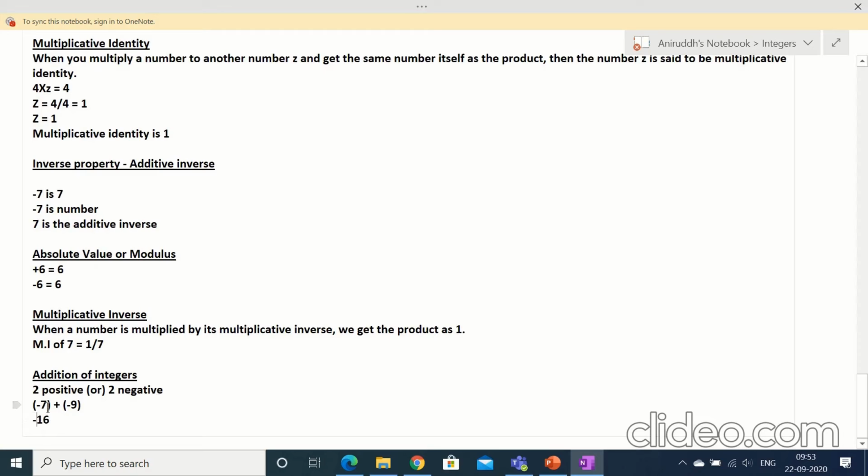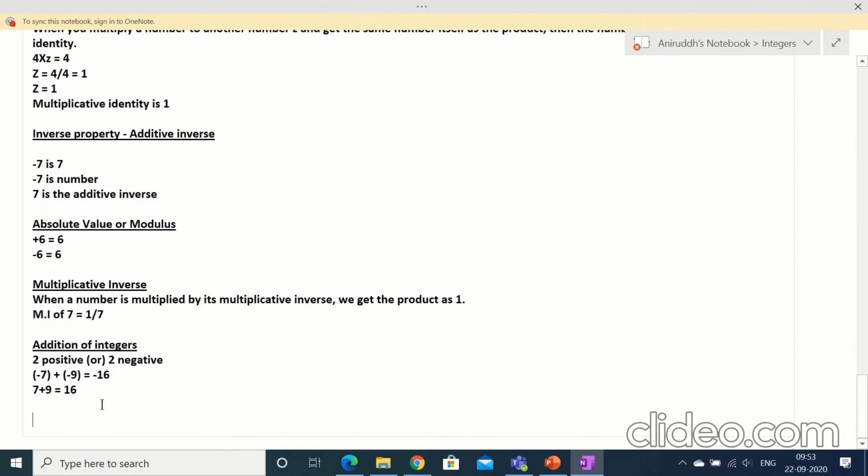So the answer of minus 7 plus minus 9 is minus 16. And if we are adding two positive integers, 7 plus 9 is 16. Well, we don't need to write plus. So this is how we add two positive or two negative integers.